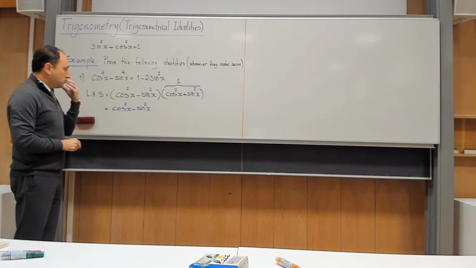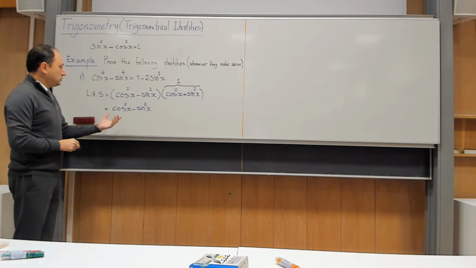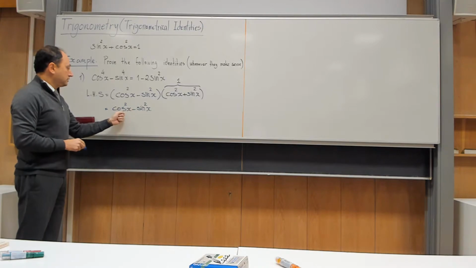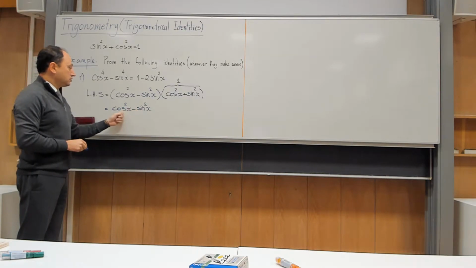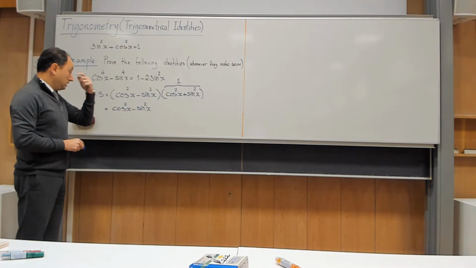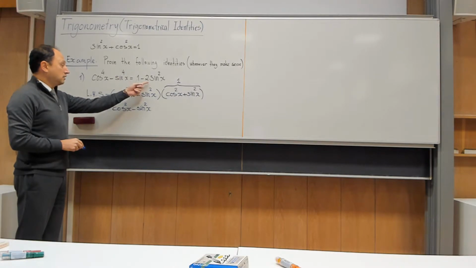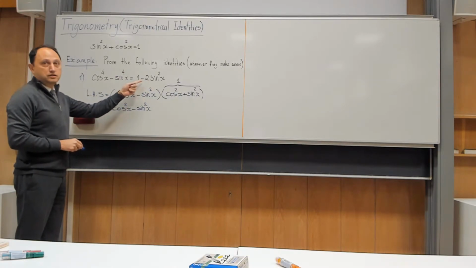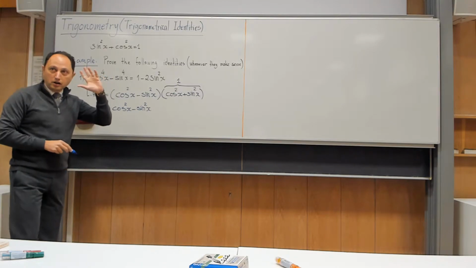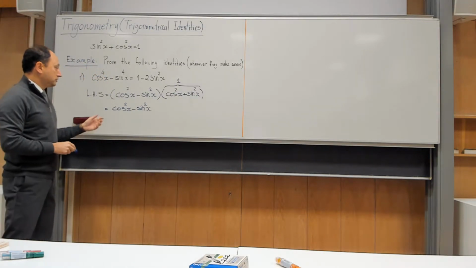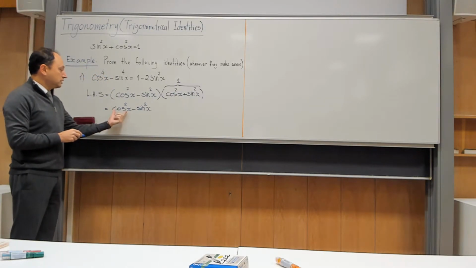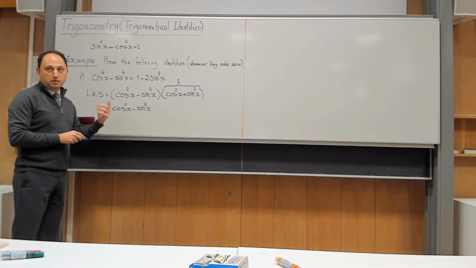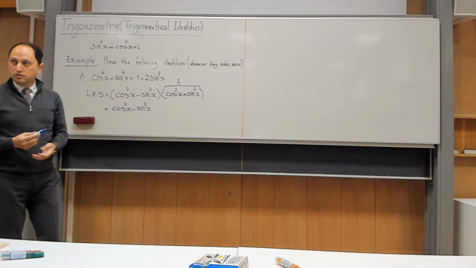But then this is the way that you need to think. You can say to yourself that, okay, I have a combination of sine and cosine here. But here on the right hand side, I do not have any cosines. So this kind of argument you need to learn to do for yourself. So it means that I want to get rid of this cosine squared somehow in favor of sine squared.